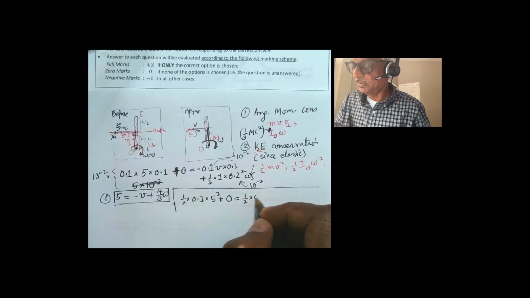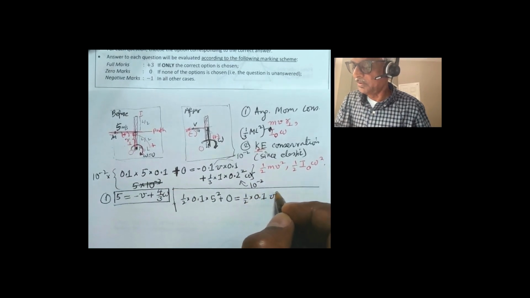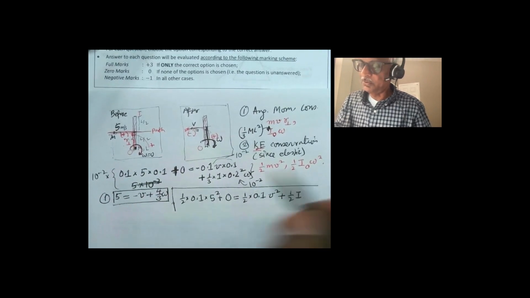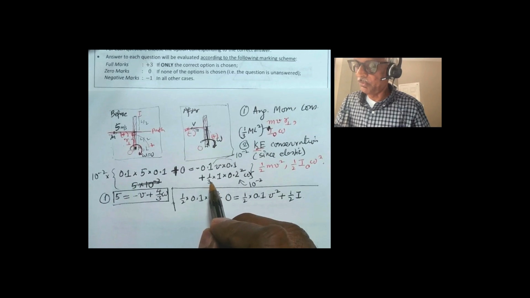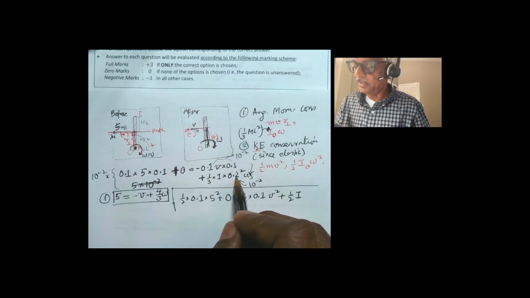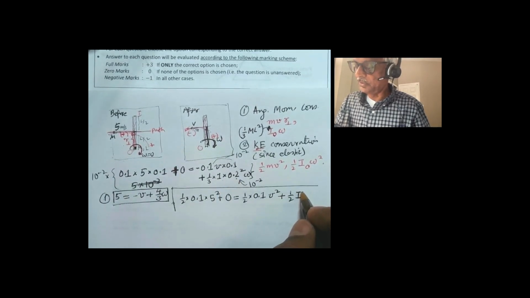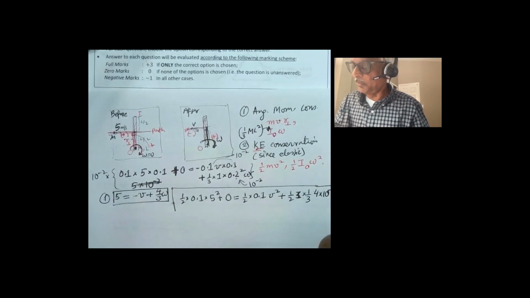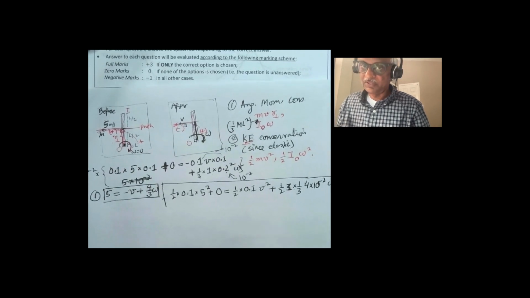So half 0.1 v square plus half I0, which is 1/3 ml square. So that's a times 1/3 and 4 times 10 to the minus 2 omega square.